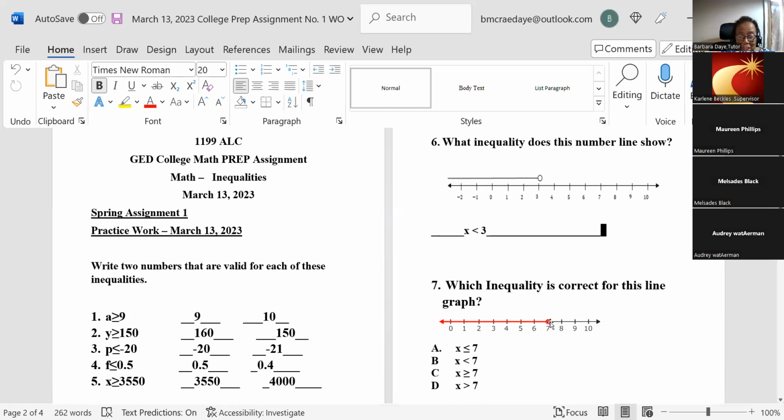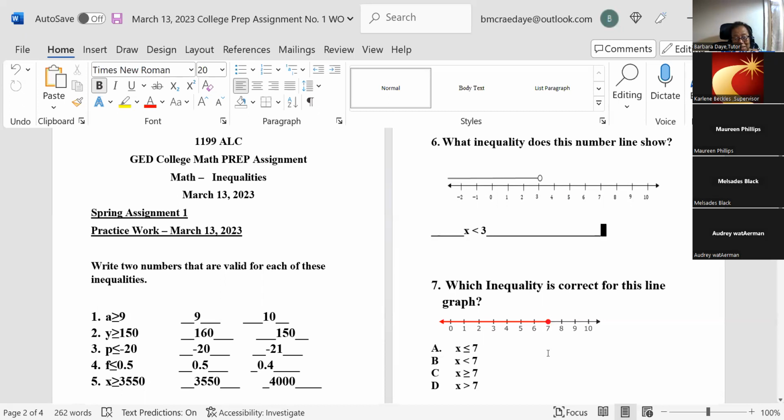So if you see the dot is filled in, we know it's got to be greater than or equal or less than or equal, right? So you can eliminate B and D. Correct? You follow? Yeah. Go ahead again, miss. No, do you follow what I just said, Mercedes?